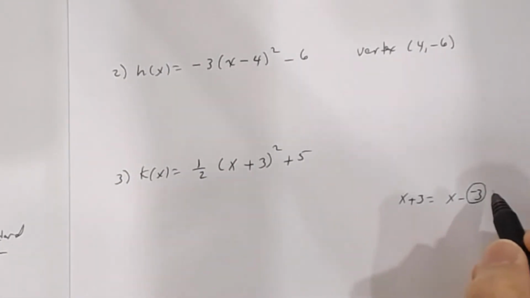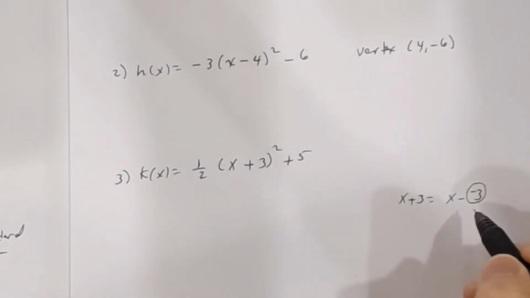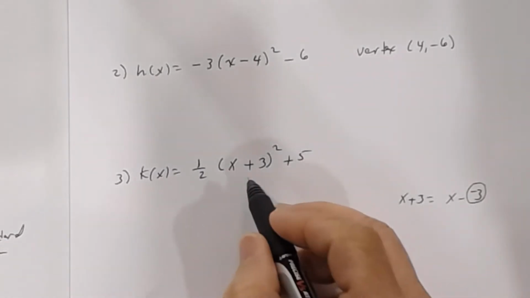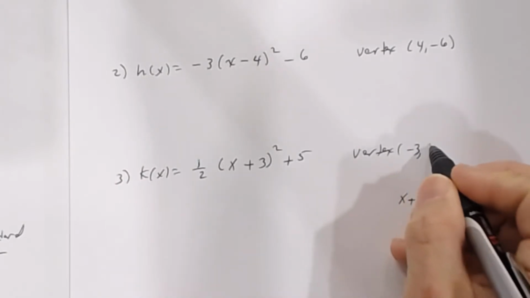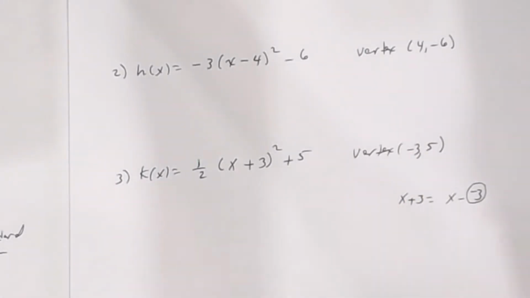So what's h? Negative 3. You have to know what vertex form looks like. Vertex form is x minus h. So your vertex will be negative 3 comma 5.